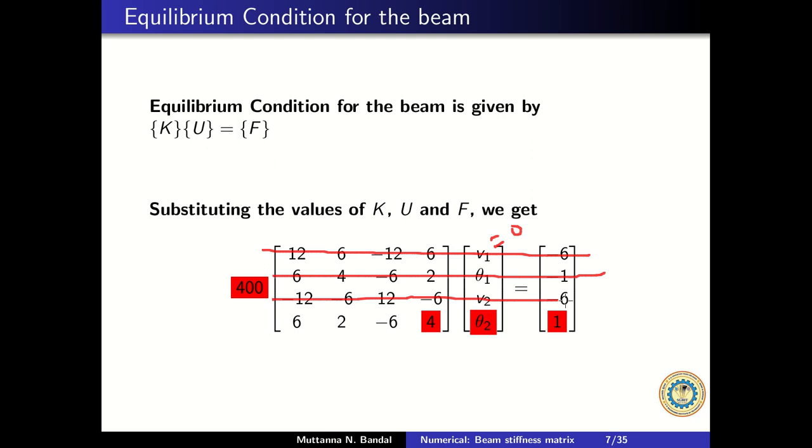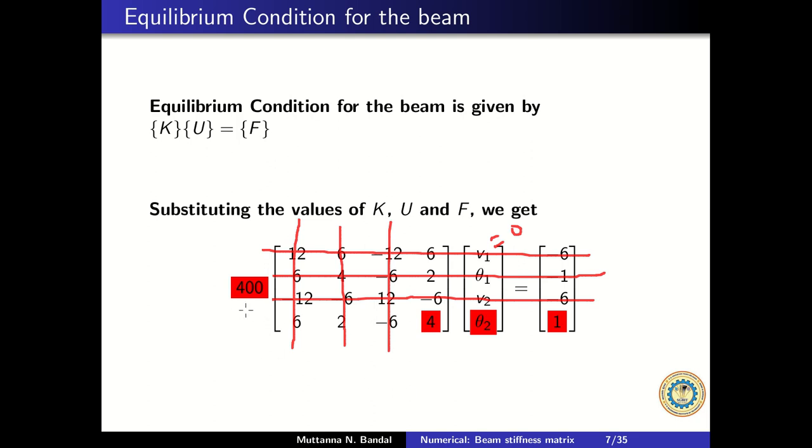So I will cancel this row because v2 was 0. Correspondingly, I will cancel the corresponding columns. So since row 1 was cancelled, I will cancel column 1. Row 2 is cancelled, column 2 is cancelled. Row 3 is cancelled, I will cancel column 3.